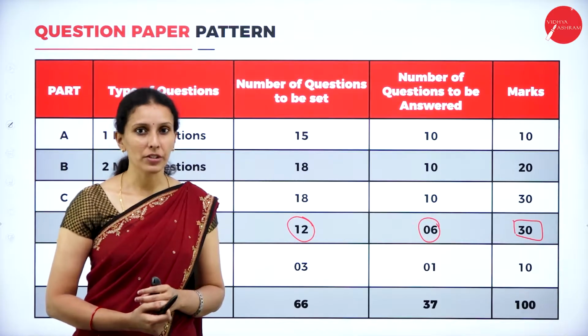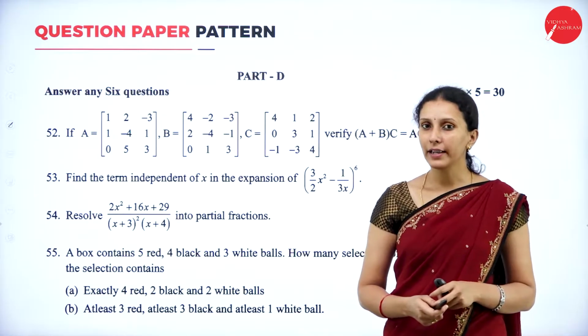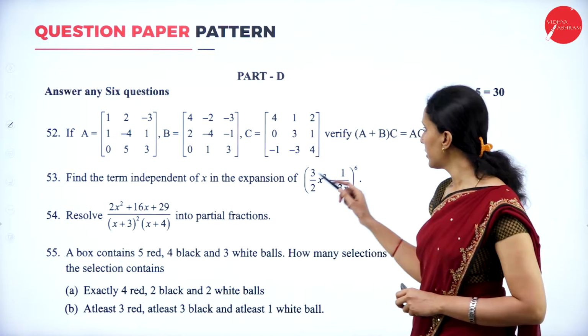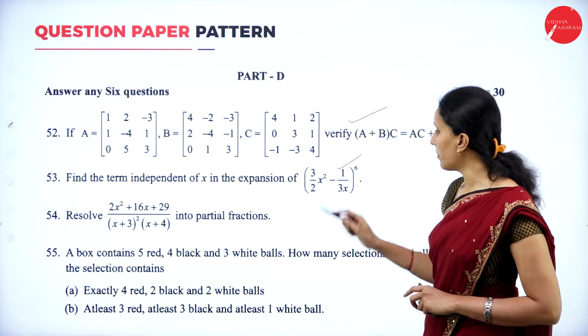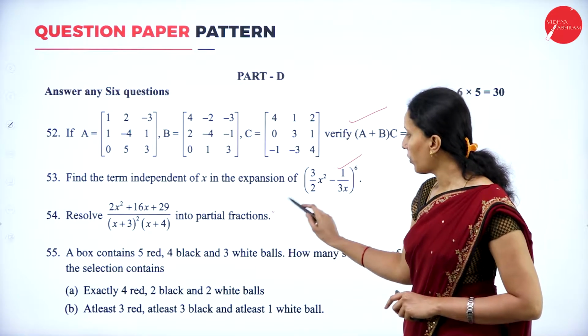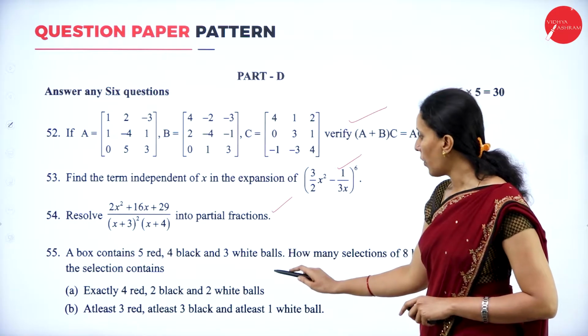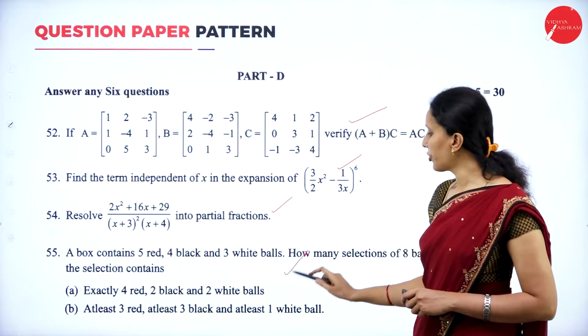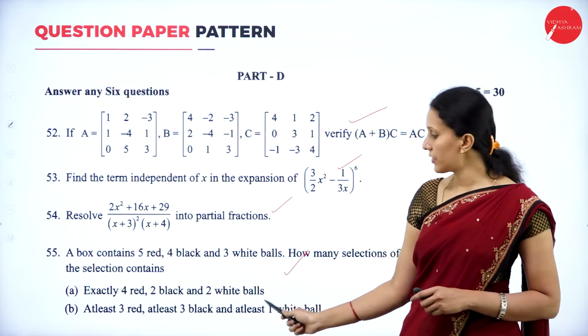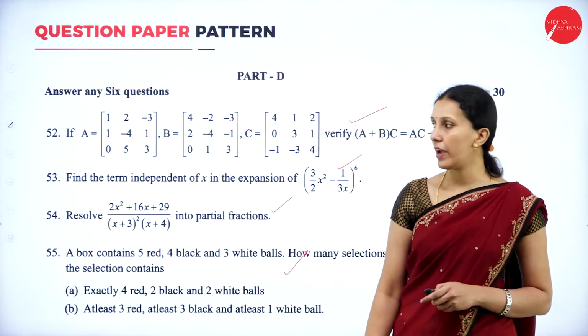Let's see the question paper now. So here is the part D model question paper. 1 question from matrices, 1 question from binomial theorem, 1 question from partial fractions, 1 question from probability, 1 question from permutation and combination. Mainly they'll ask you problems on combinations for 5 marks.